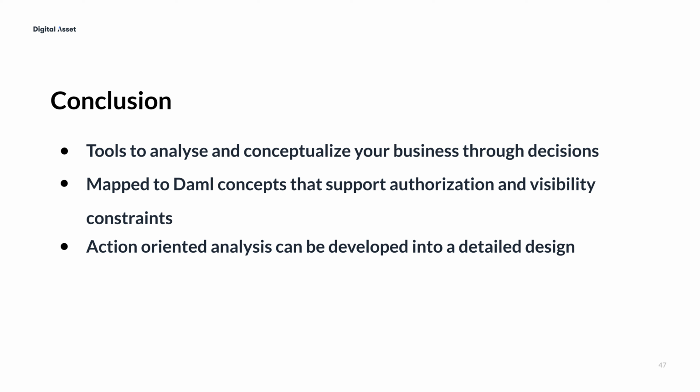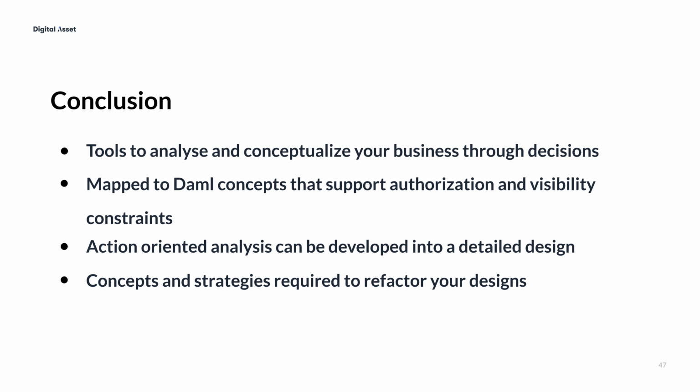The resulting designs provide a flexible and effective foundation for the Daml models to support your application. For the handful of performance-critical designs, we introduced the concepts and strategies required to refactor your designs to unlock the scalability of the Daml Canton platform and the criticality of considering these matters early in your project.